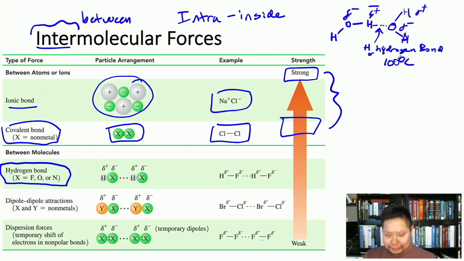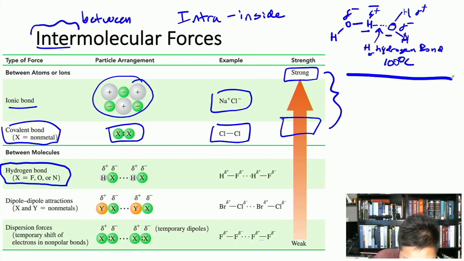So that's known as a hydrogen bond, and it's usually between a hydrogen that's partially positive and an electronegative nonmetal. That can be a nitrogen, a fluorine, or even an oxygen like we did here. So those are hydrogen bonds, cool.